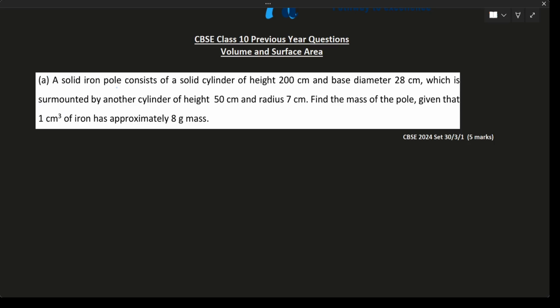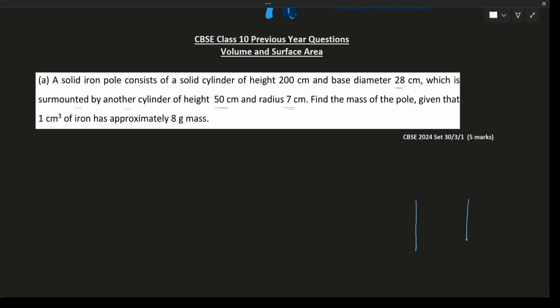A solid iron pole consists of a solid cylinder of height 200 centimeter and base diameter 28 centimeter, which is surmounted by another cylinder of height 50 centimeter and radius 7 centimeter. Now read it again if you are not getting it, and then visualize it or try to draw a figure.